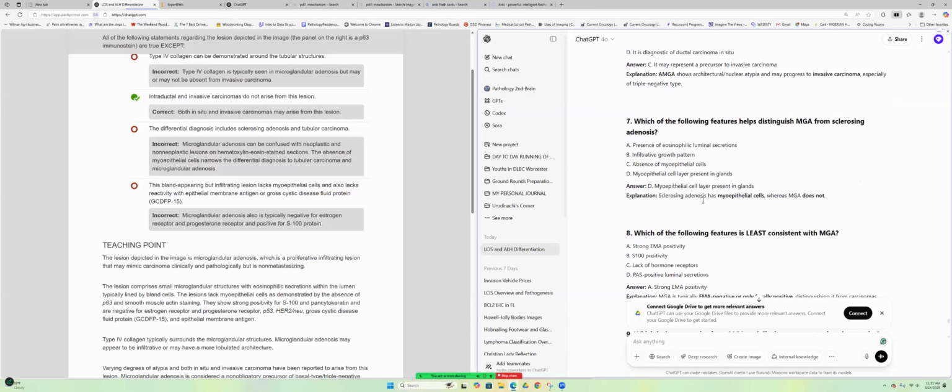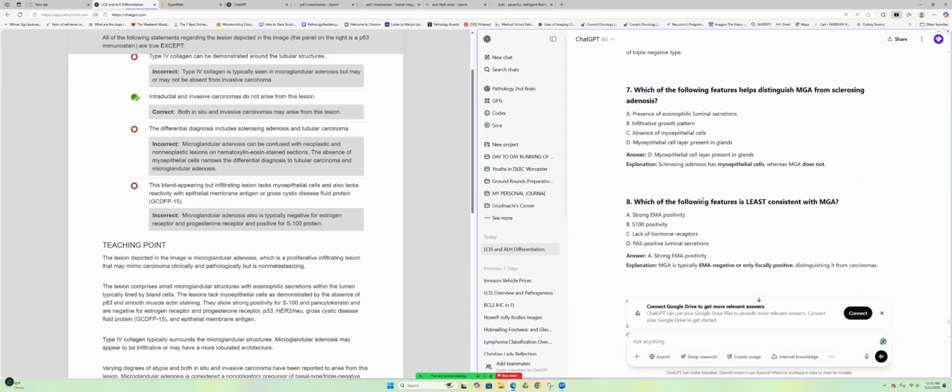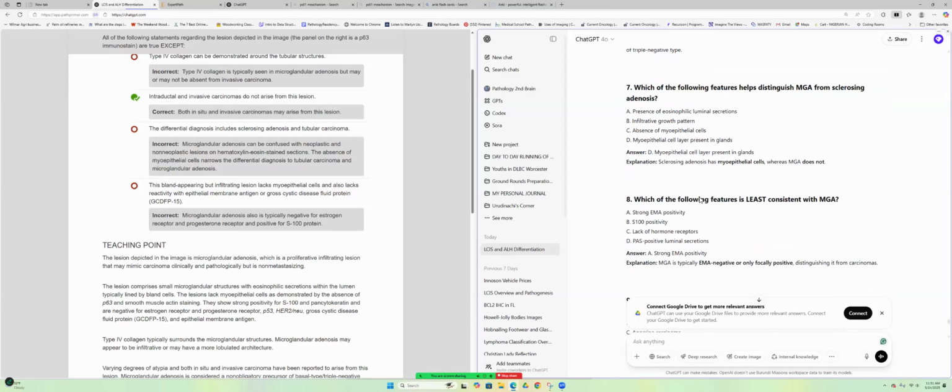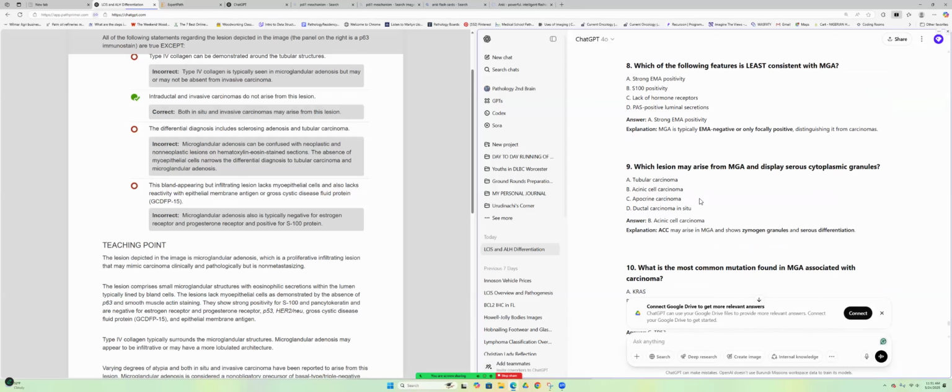Which of the following features help distinguish MGA from sclerosing adenosis? Myoepithelial cells present in glands. Which of the following features is least consistent with microglandular adenosis? Strong ER positivity.